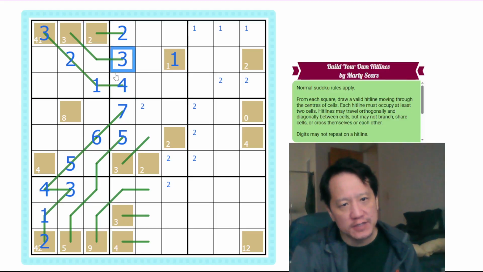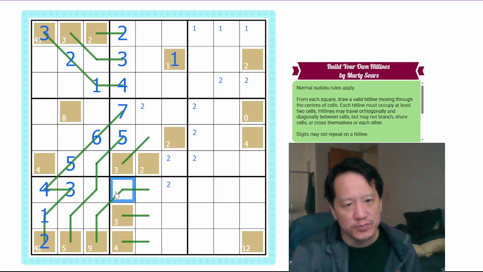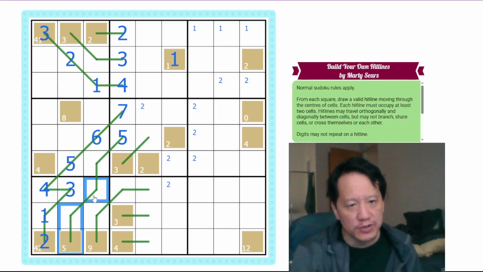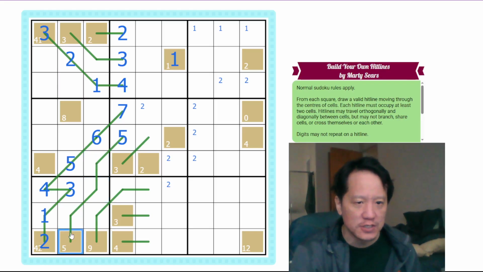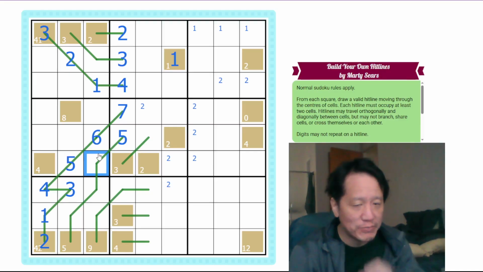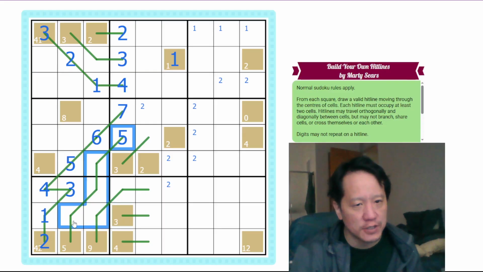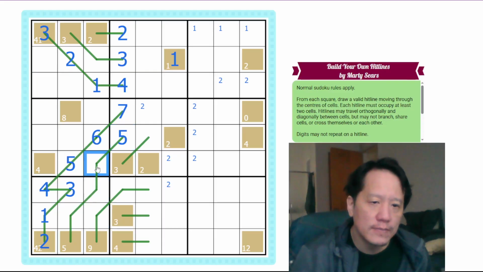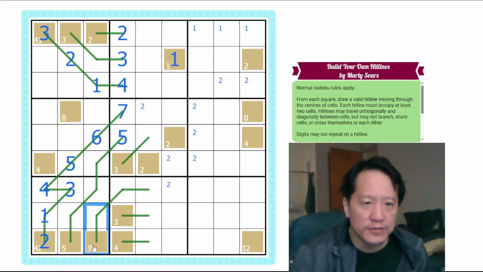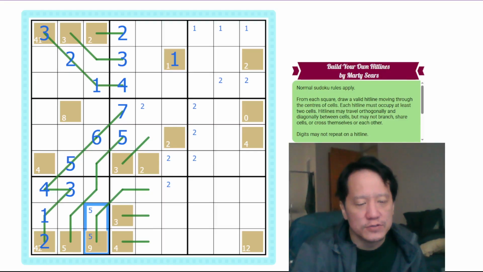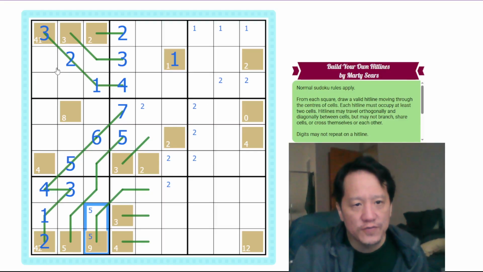So this has plenty of space. We just have 3 spaces we can go through. Because again, this can't be 1, 2, 3 matching. 4 matches, but that doesn't help if that's 4. Right? So this has to have 5 matching. And there's no 5 here. So there's guaranteed 5 in one of these 2 cells.